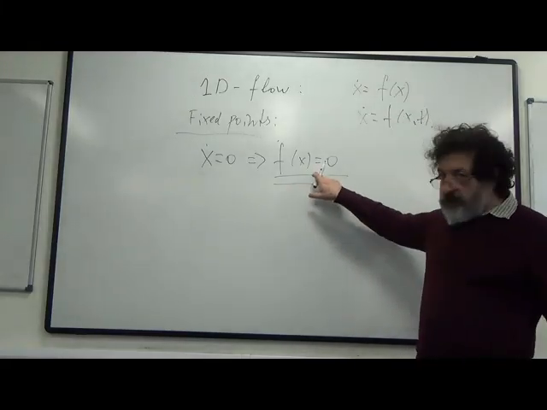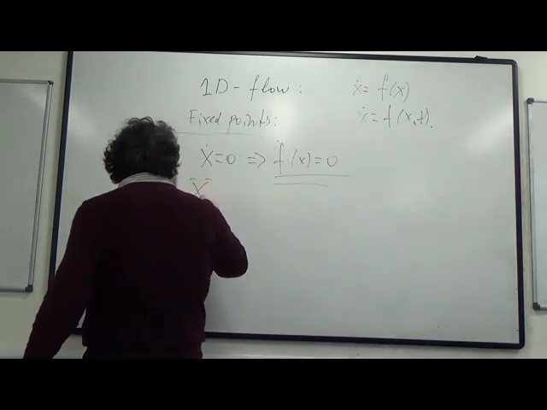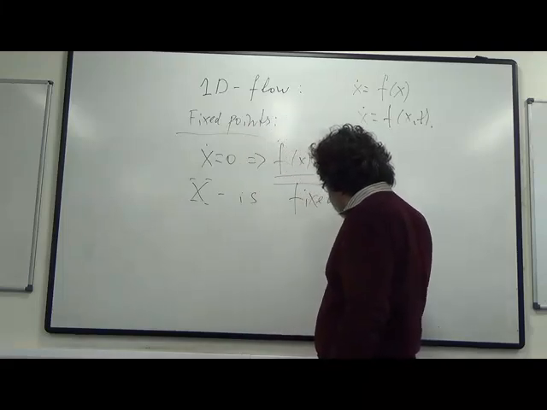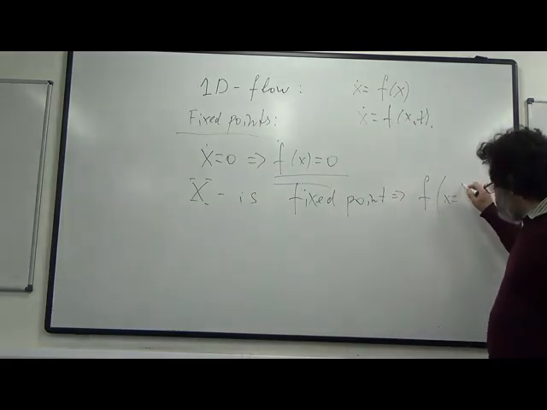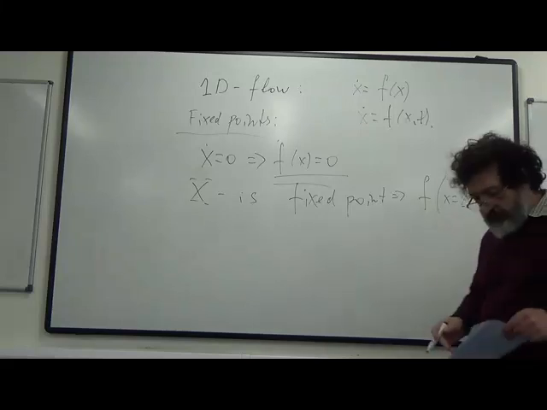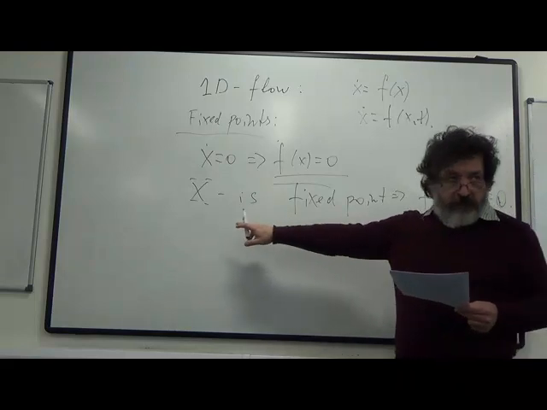And these fixed points are roots of this. For example, if x capital is a fixed point, it means f at x capital is 0. And your first question in problem set 5 is to establish the condition when x capital is stable.